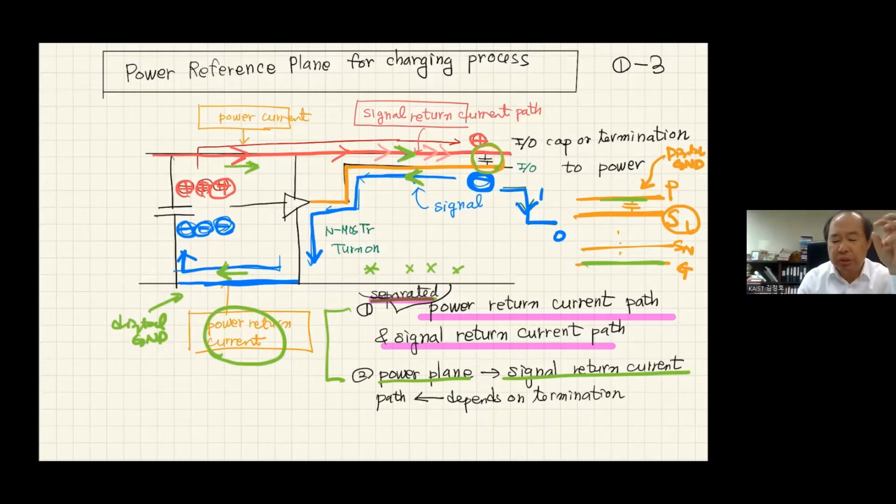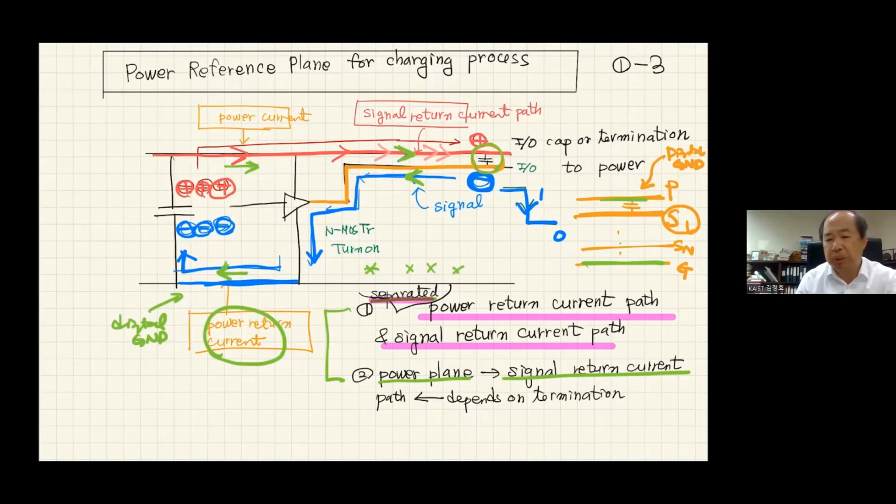The major strong points will be summarized like this. Number one, the definition of ground is the return current path. Number two, depending on your structure, signal return current comes back through the conventional ground plane, or sometimes the power plane, or sometimes through an adjacent metal line.